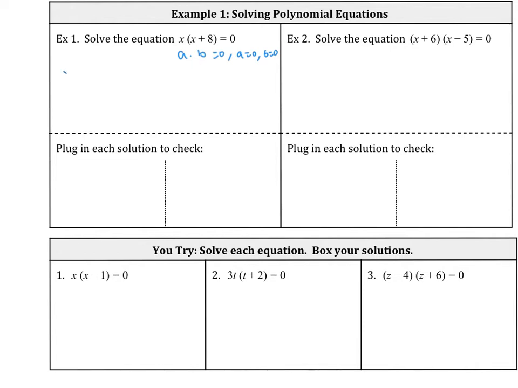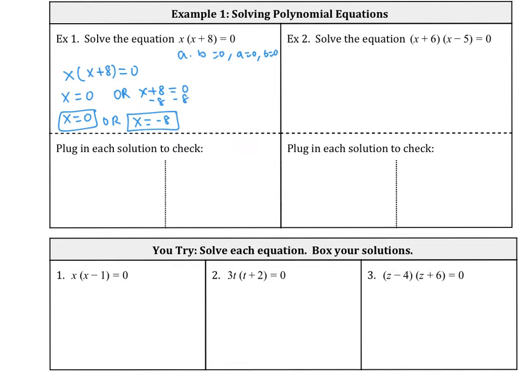In this case, we have x times x plus 8 equals 0. So x equals 0 or x plus 8 equals 0. When you subtract 8 on both sides, x equals negative 8. So either x equals 0 or x equals negative 8.